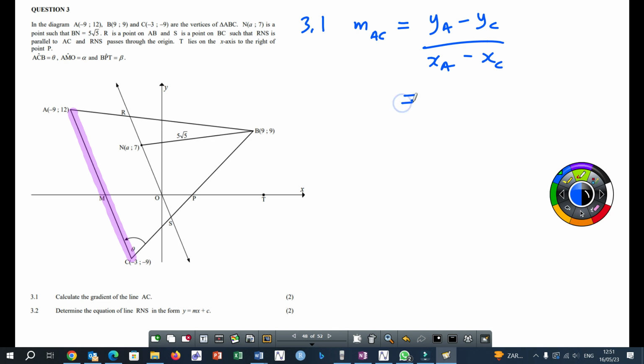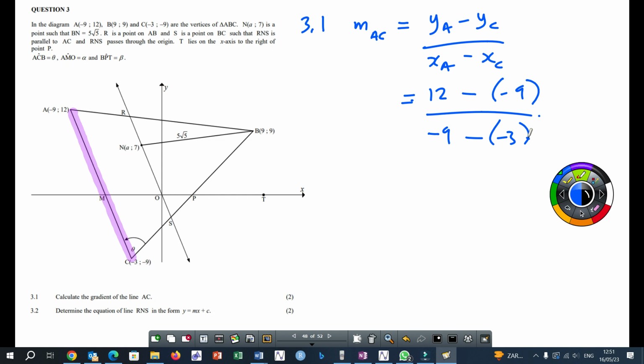Right, so what is YA? YA is 12. YC is minus 9 over XA, that's minus 9, minus XC, that's minus 3. This will make it easier for you to identify the values of X and the values of Y.